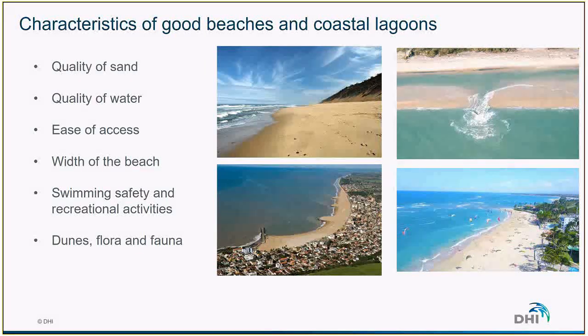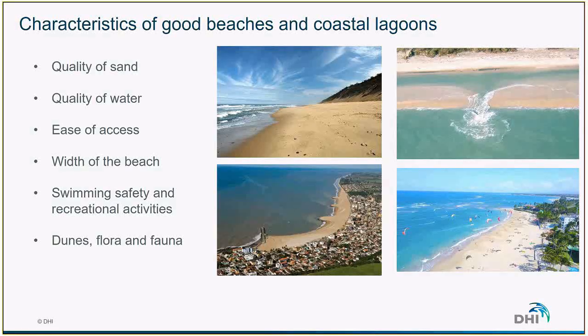So we want to have a not too coarse sand. The quality of water is important when we bathe or swim in the water, or when we do some activities in the water, that the quality of water is good and that there are no pollutants or components that would be harmful to us.